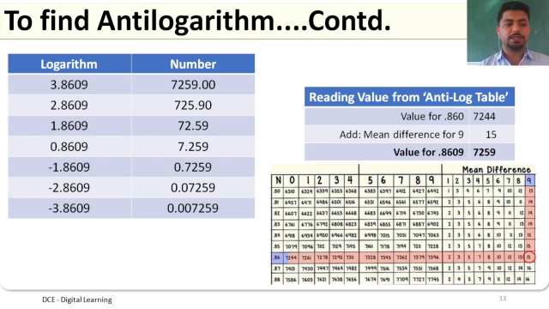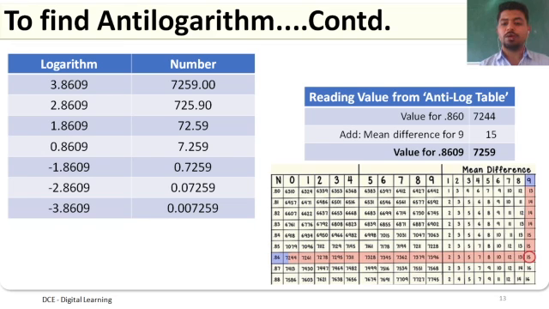So in that corresponding row 0.86, locate the third digit, the value headed by the column 0. So the value is 7244.